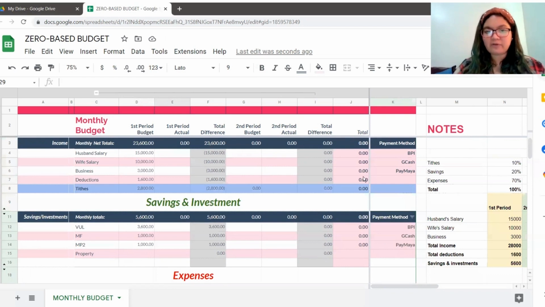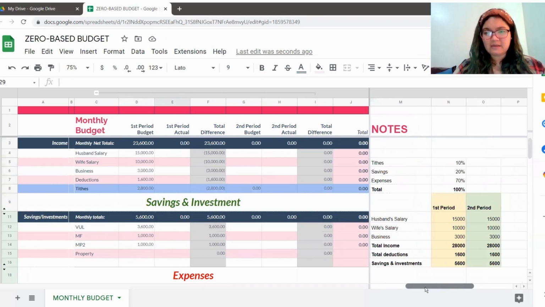Now we go to the second period. It's the same breakdown: 10% for tithes, 20% for savings, and 70% for expenses.